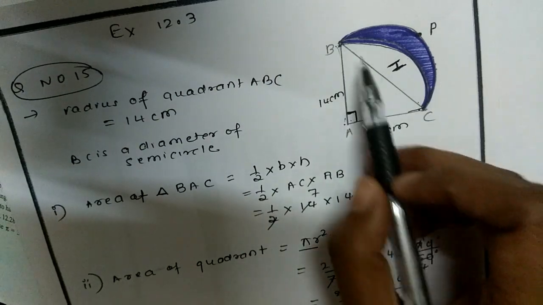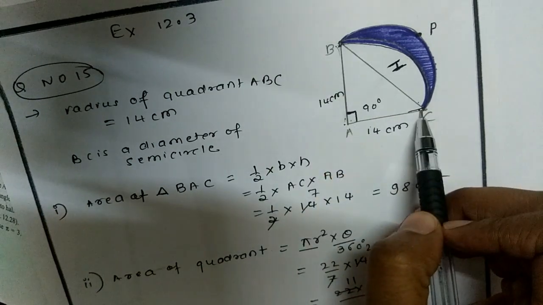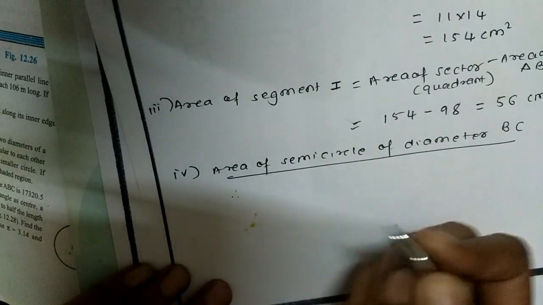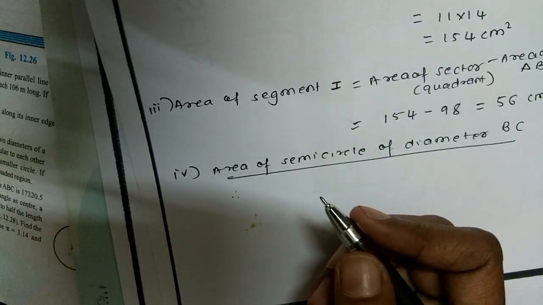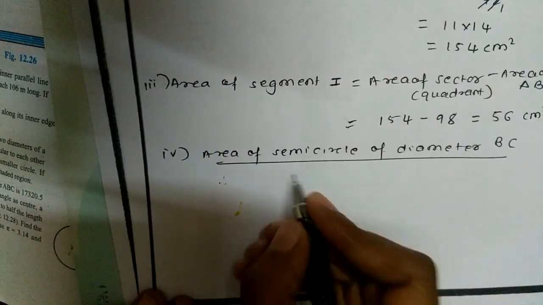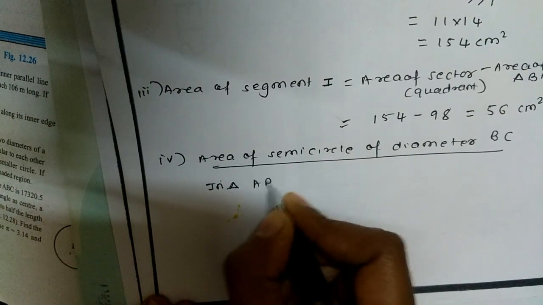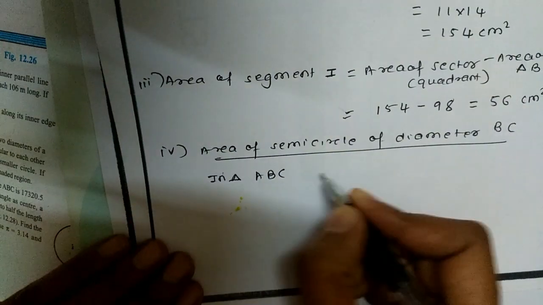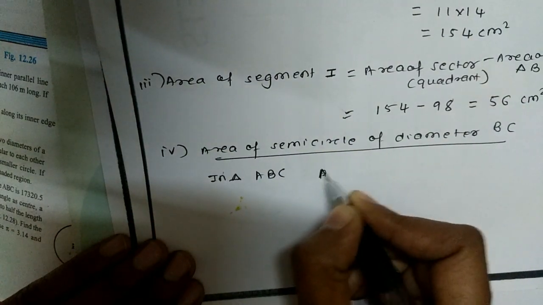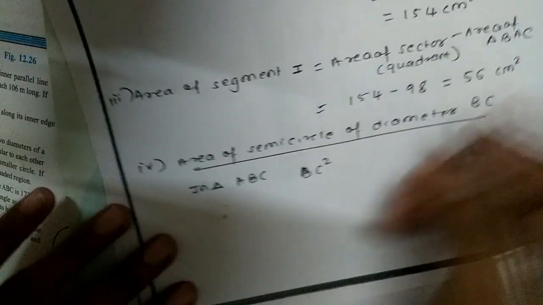To find out the radius, you can see this is a right angle triangle. We know these two sides, so we can find out BC here. So in triangle ABC, or you can take BAC, this is a right angle triangle, isn't it? So BC is the hypotenuse, BC square equals AB square plus AC square.